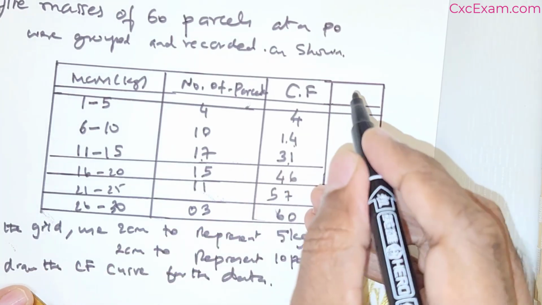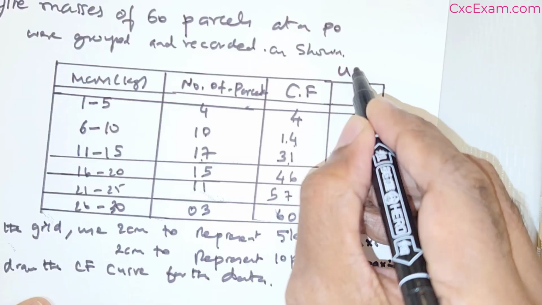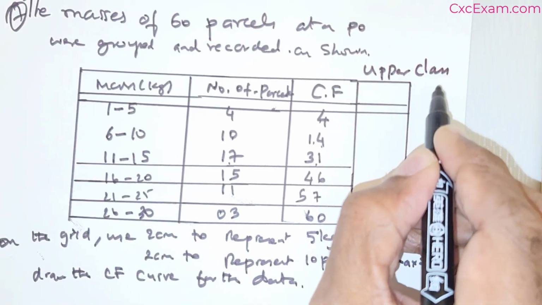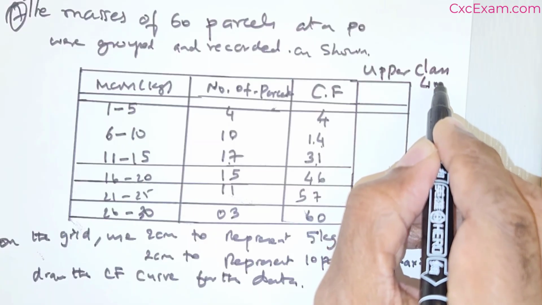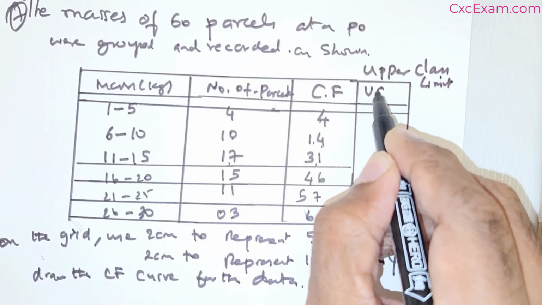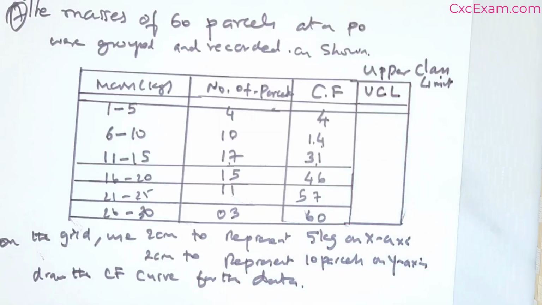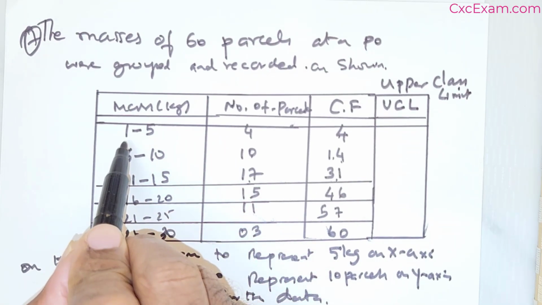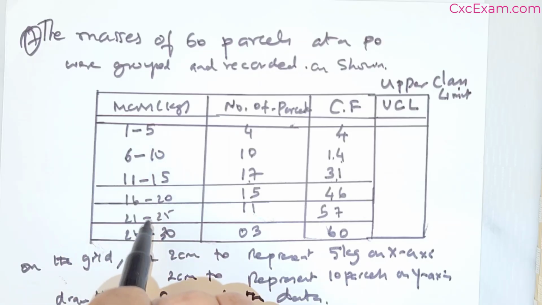Now this column is called the upper class limit. UCL is the abbreviation.